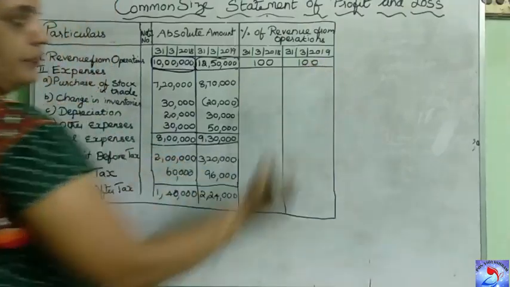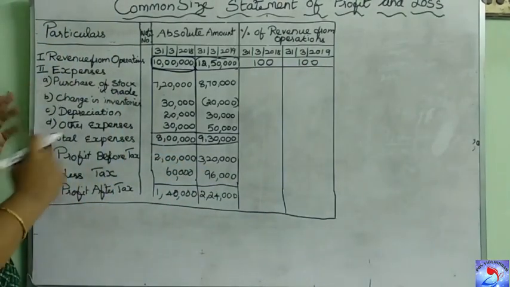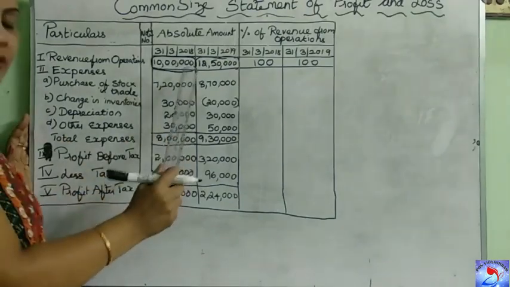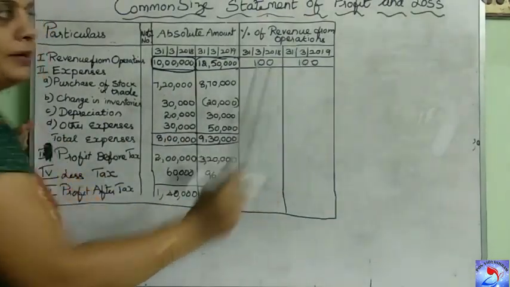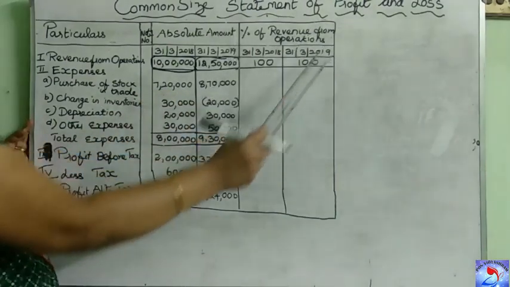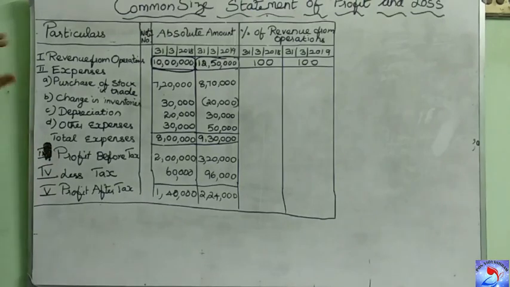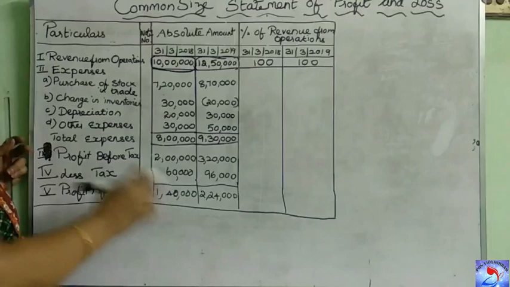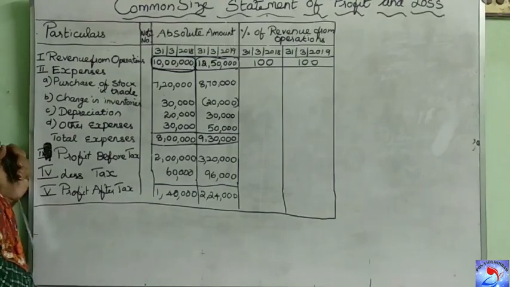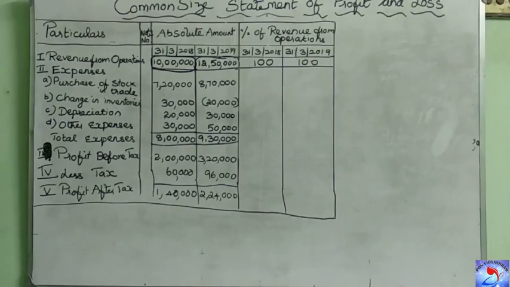Always remember that revenue from operation is the base figure and is represented by 100% in the percentage of revenue from operation column. Now let us take the year 2018 and find out the percentage of revenue from operation.